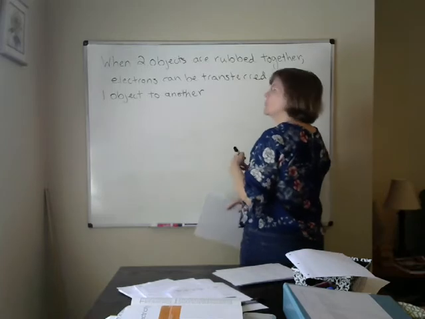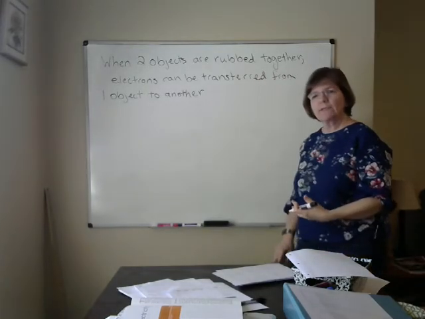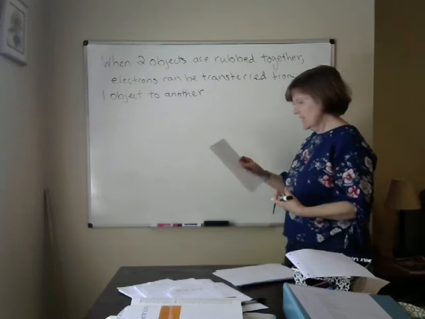The result of that is one of those two objects is now going to have a positive charge, and one of those two objects is now going to have a negative charge.